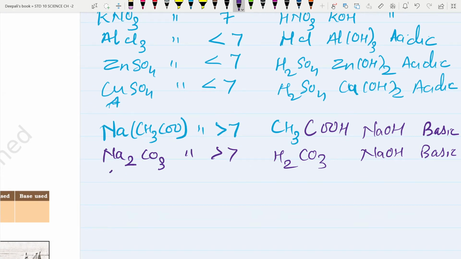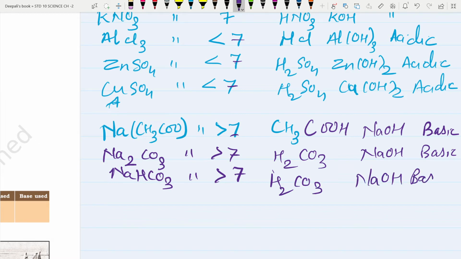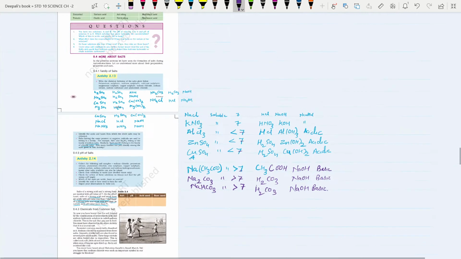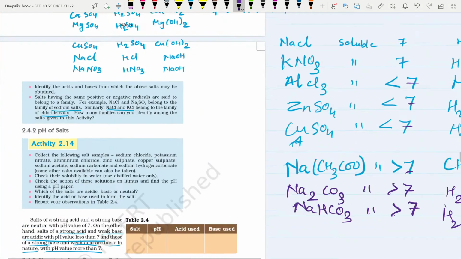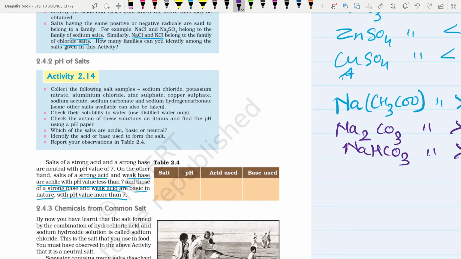Then you have sodium hydrogen carbonate, NaHCO3, soluble, pH greater than 7, formed from H2CO3 and NaOH, which is basic in nature. So we can easily say that salts are formed by the reaction between acid and base, and their acidity or basicity depends upon the weakness and strength of the given acid or base from which they are formed.